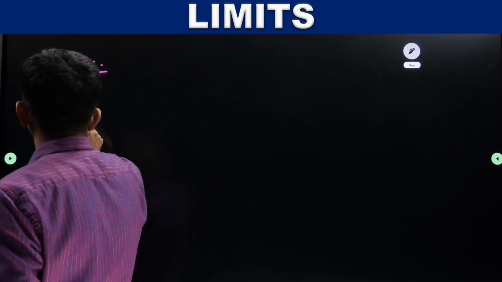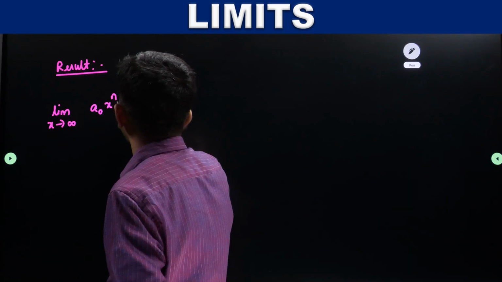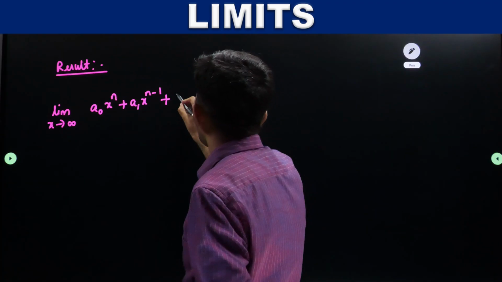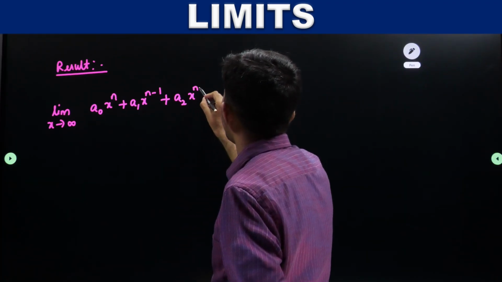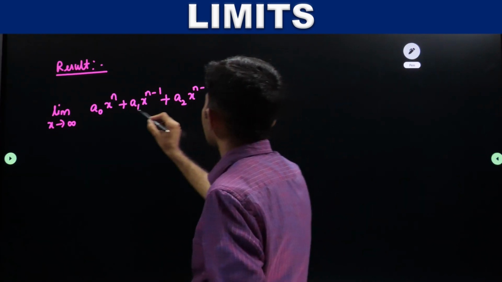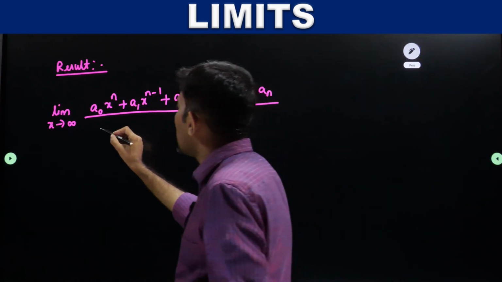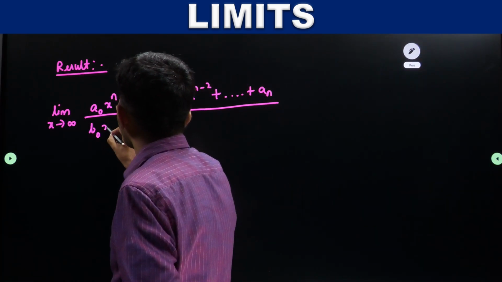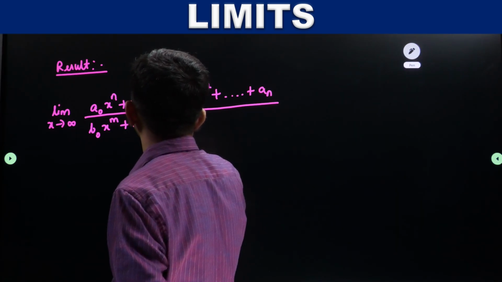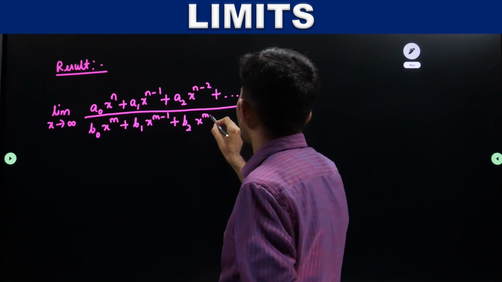The numerator is a polynomial of degree n: a0 into x power n plus a1 into x power n minus 1 plus a2 into x power n minus 2, like this it goes on, up to an. The denominator is a polynomial of degree m: b0 into x power m plus b1 into x power m minus 1 plus b2 into x power m minus 2, like this it goes on.